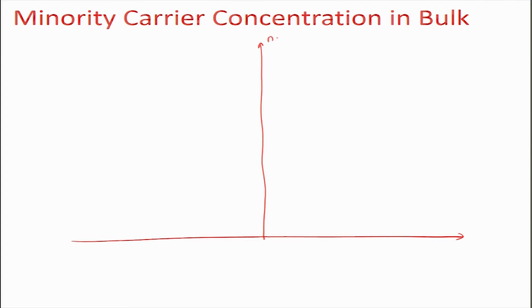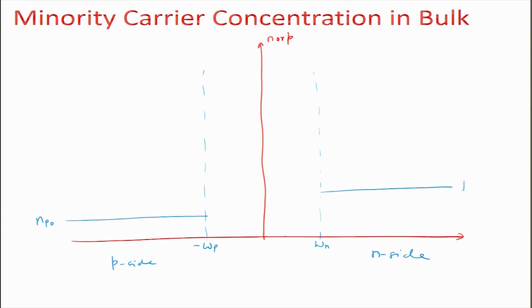So this is N or P. If this is the edge of one depletion region, that is Wn, and the other edge of the depletion region is minus Wp, then if your bias is equal to 0, this is Np naught if this is the P side. If this is the N side, then my Pn naught is somewhere here, they won't be equal. So this would be Pn naught when bias is equal to 0.